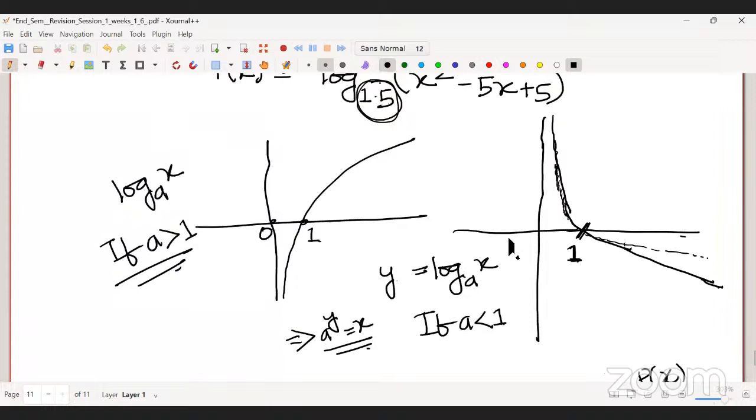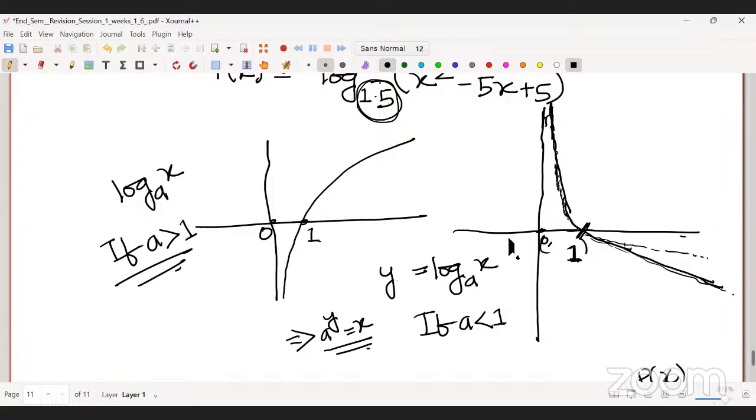You know that in this region, 0 to 1, this is actually going towards plus infinity, and again it's basically coming down.